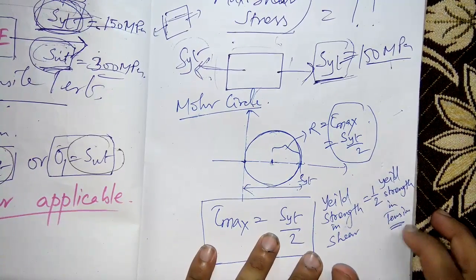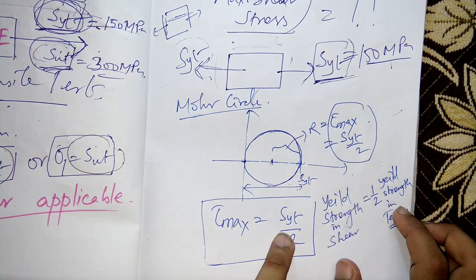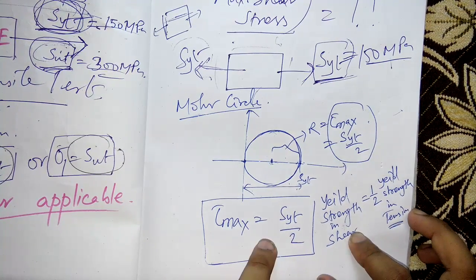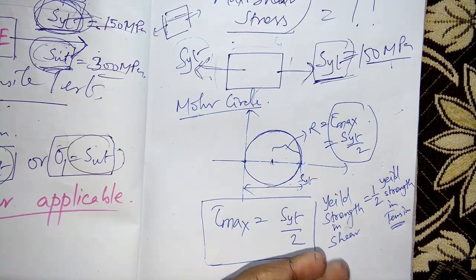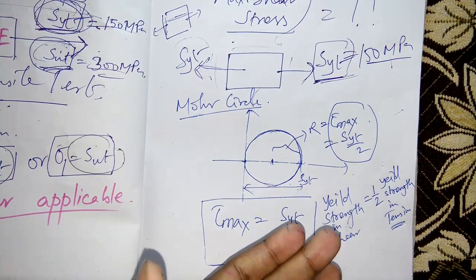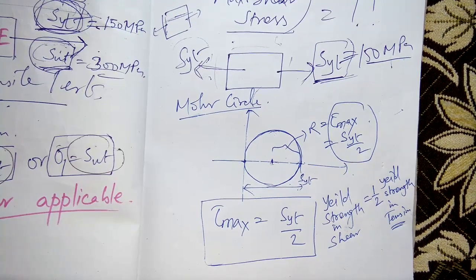Yield strength in tension was SYT, and yield strength in shear is just half of it, because at half of that SYT only, my tau is maximum and the material is going to fail at that point.